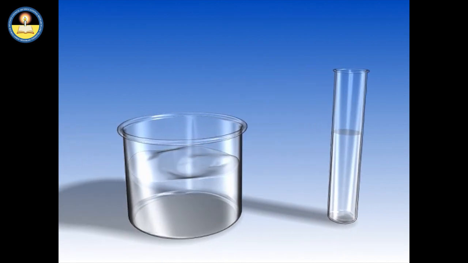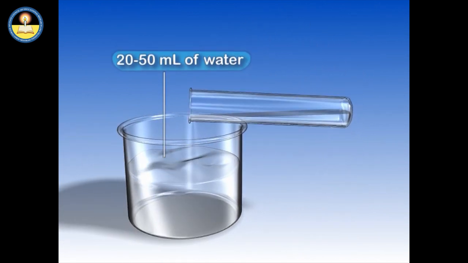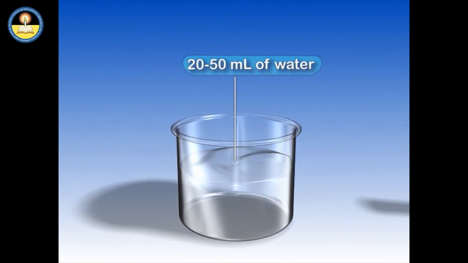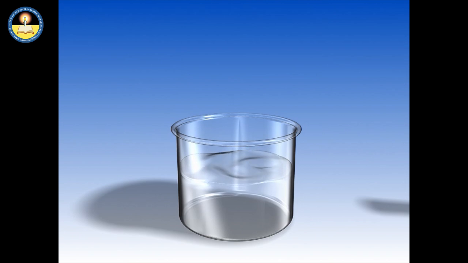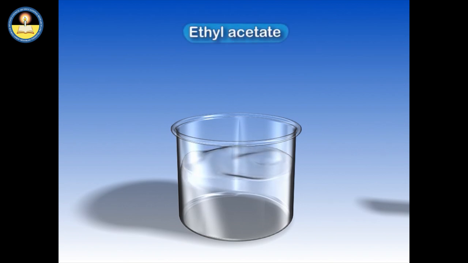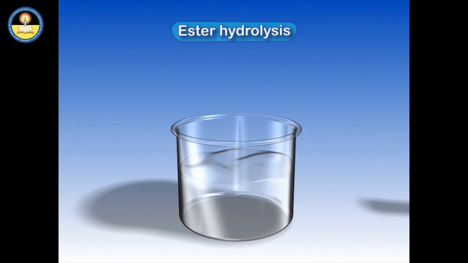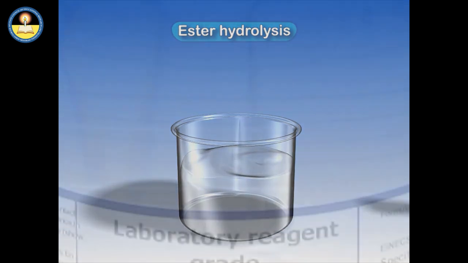We then pour the contents into a beaker containing 20 to 50 ml of water. A pleasant smell is experienced, which shows that ethyl acetate is formed in the reaction. This is called ester hydrolysis.